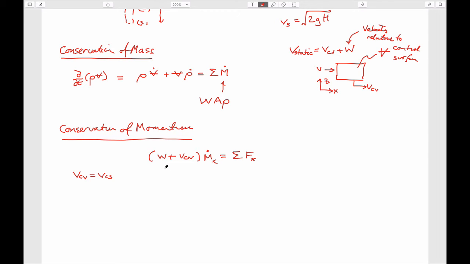So what is this? This again is the velocity across the control surface. In other words, the speed of the water coming out of the hose. And this is how quickly the boat is going, of the control volume.